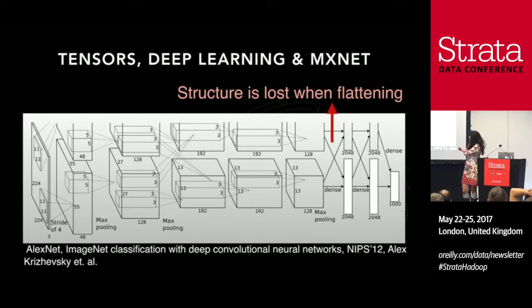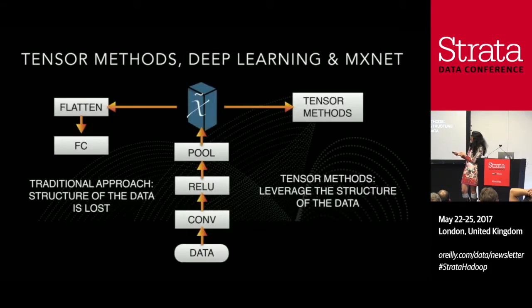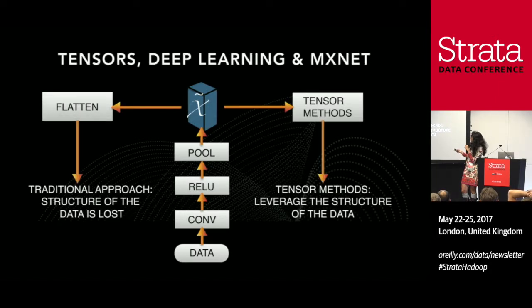But then finally, when we want to make the decision about what categories are present in this image, we flatten them. Rather, we convert them into matrices and do the operation. So this structure is lost as we go through the fully connected layers. That is the usual setting: you flatten and you do a fully connected layer. But what we instead proposed was to ask, can you do tensor operations and come up with more compact and better networks that can learn better?